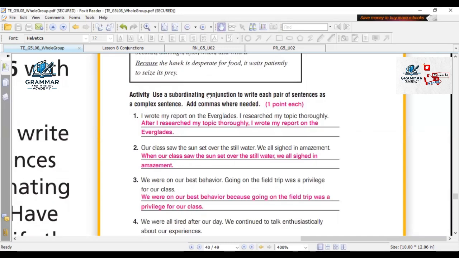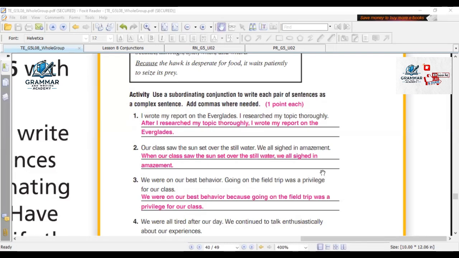We keep the order of the two sentences, and we use because in the middle of the two sentences. Because is written in a small letter, and going here has to be in lowercase. So: We were on our best behavior because going on a field trip was a privilege for our class. Because is a subordinating conjunction, and for this reason, we have a complex sentence.